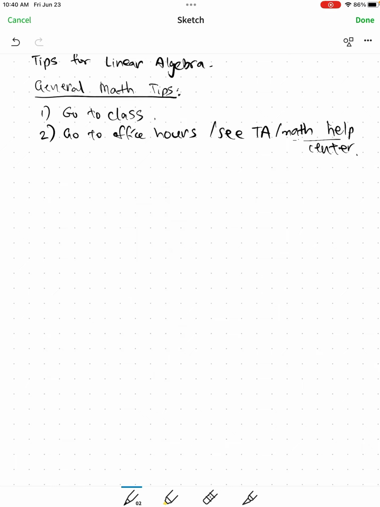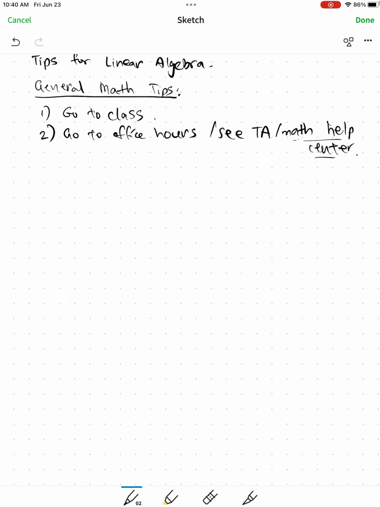And take advantage of these things. Office hours are great, especially if you have a quick question. But if it's clear that there are a lot of things that you're really, really lost on, then office hours might not be the best, right? Because your instructor might not feel like explaining everything all over again from scratch. They might say, okay, go back to your notes, review a bit.